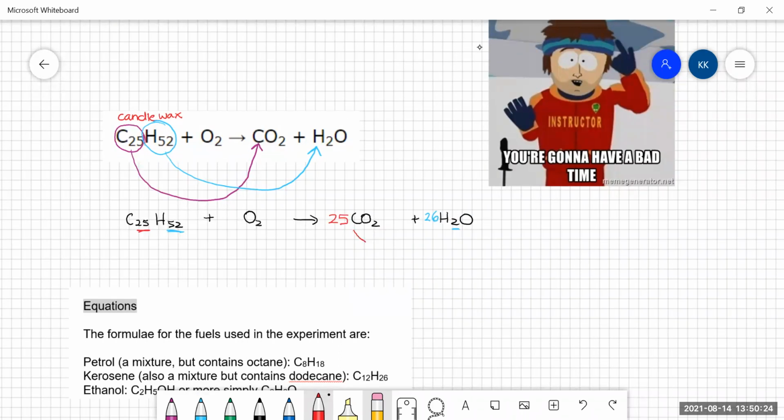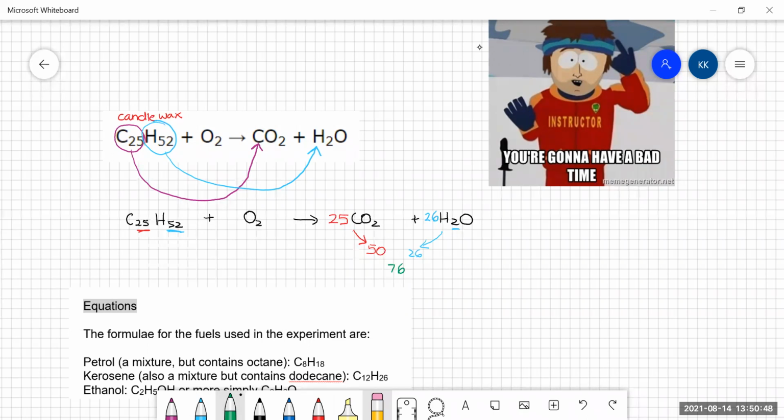So 25 CO2s, every CO2 has 2 oxygens, so there's 50 oxygen atoms in there. 26 water molecules, each one has 1 oxygen, so that makes another 26. So my total number of oxygens over here is 76.